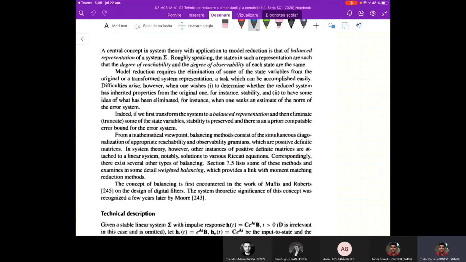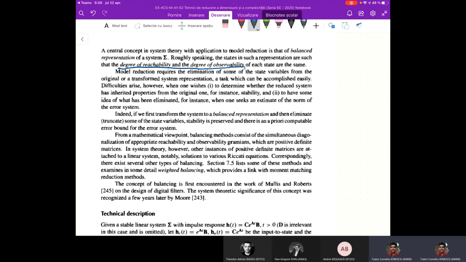So, we are interested in the balanced representation of a system. It's explained here. Roughly speaking, the states in such a representation are such that the degree of reachability or controllability and observability of each state are the same.